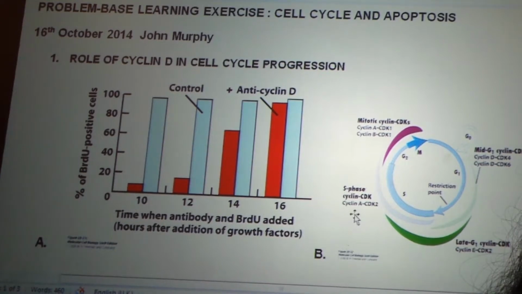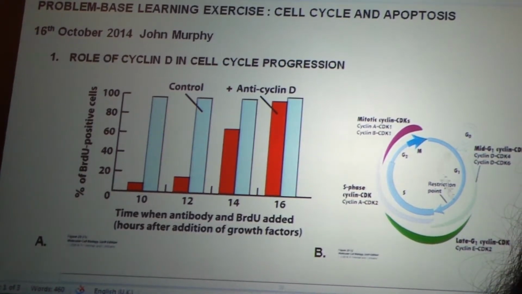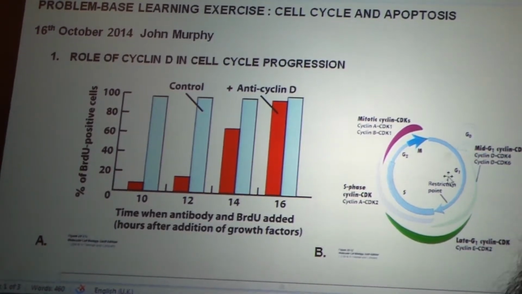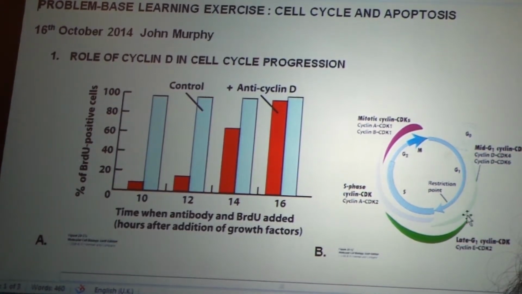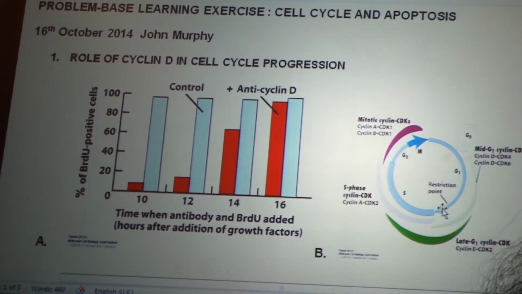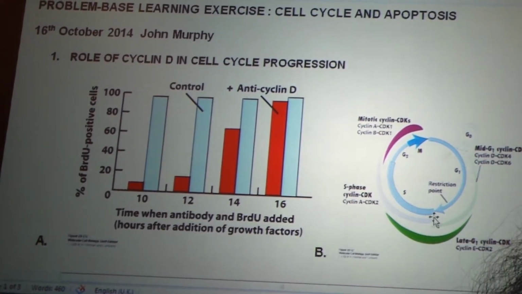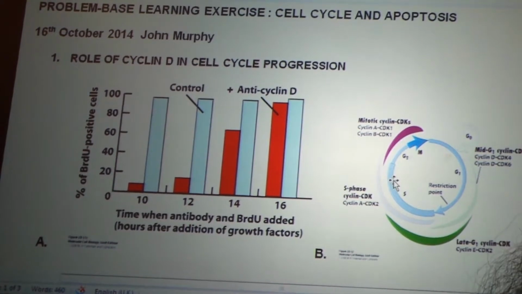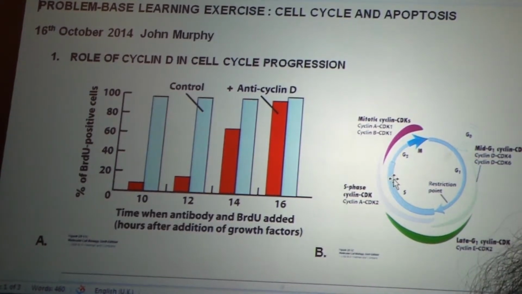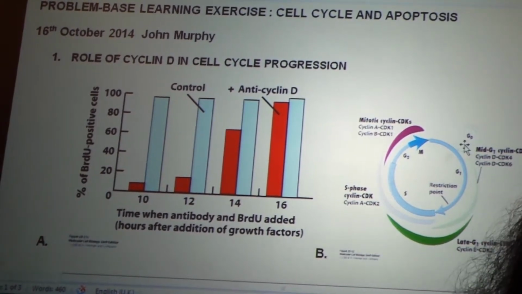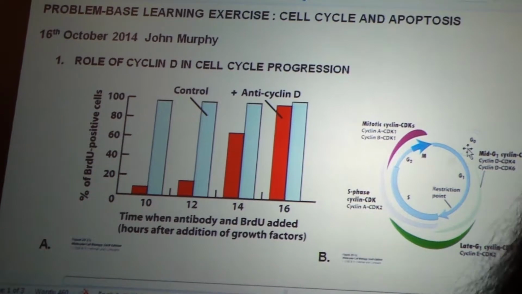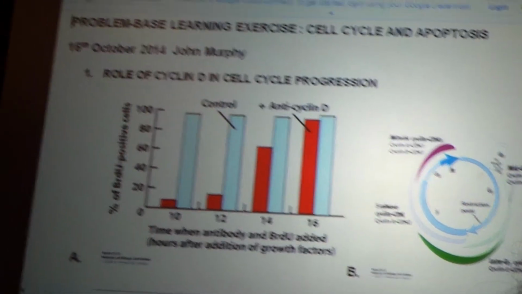So therefore, if you inhibit cyclin D activity at 10 or 12 hours after the addition of growth factors, you block the effect of cyclin D, and you block the entry of the majority of the cells into the S phase of the cell cycle. If you wait longer, 14 or particularly 16 hours, cyclin D has already done its job. It's no longer required in the cell cycle progression.